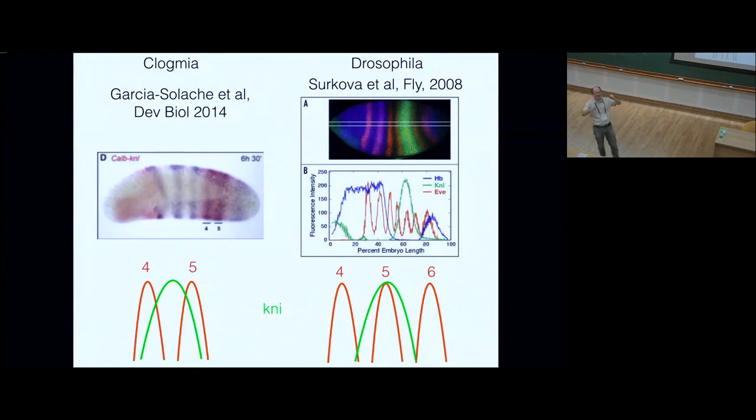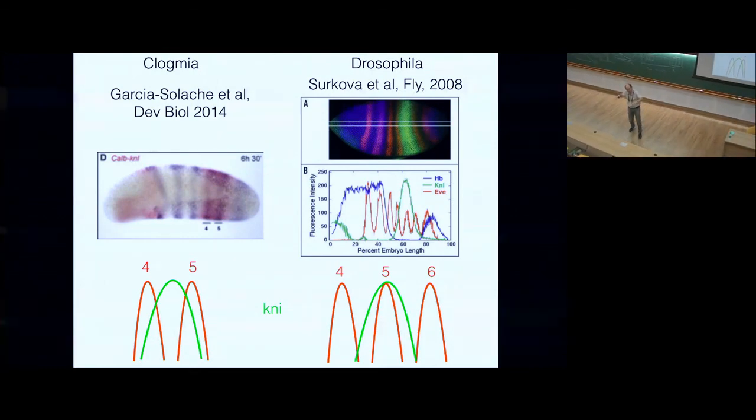It's very much like going back in time. You run back the evolutionary tape to the ancestor of both fly and mosquito, and then you move forward to predict another species. Basically, when we do this, we can predict Clogmia, which is an intermediate insect. You compare the relative location of stripes versus a gap gene, maybe Knirps, that you've seen.